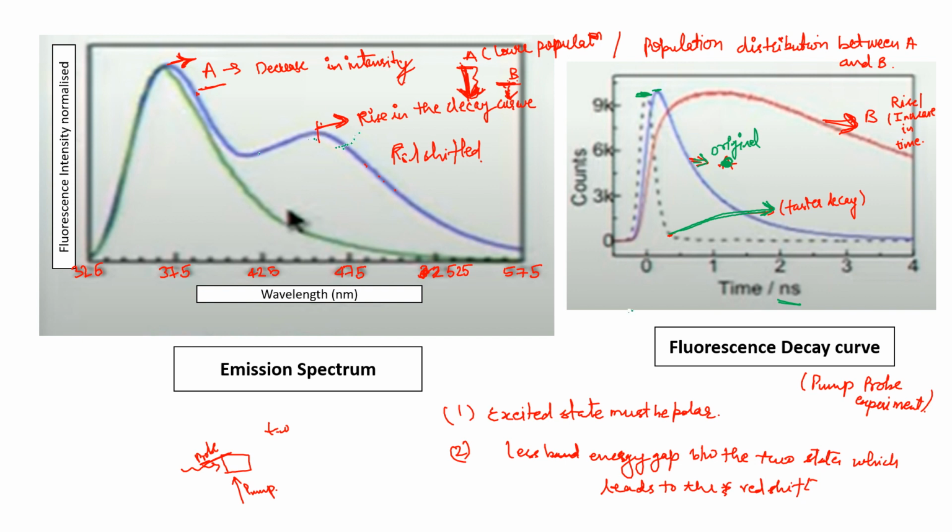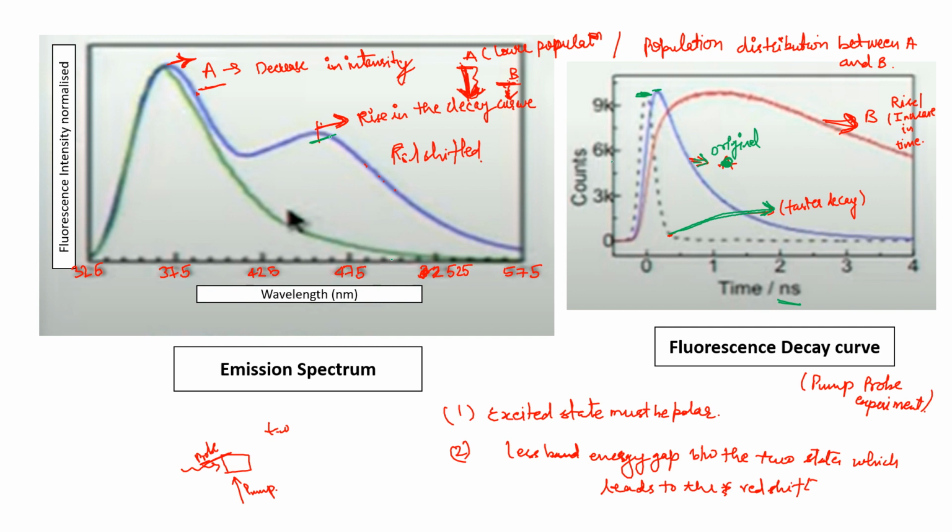And if the excited state is polar enough and undergoes different processes, then for the second peak, the decay will give a rise with time, and the first decay will show a decrease, or a faster decay. Why?